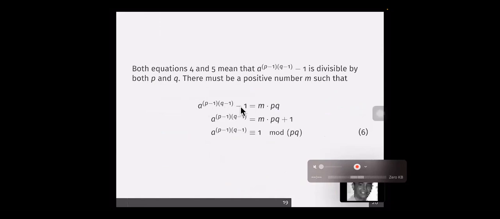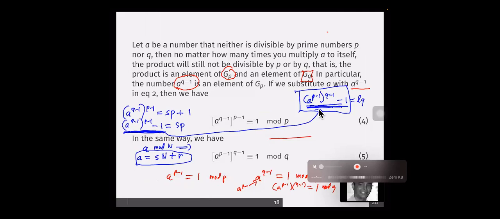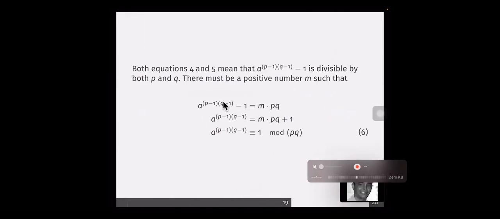Since it is divisible by p times q, this first equation means, let's go back, the left-hand side, take a look at this blue thing here. This is nothing but the left-hand side of this next page. Left-hand side equals m times pq, where m, we don't care what m is. Because this is divisible by p times q, there must be some number, which we call m, multiplied by pq, so that this is equal to this.